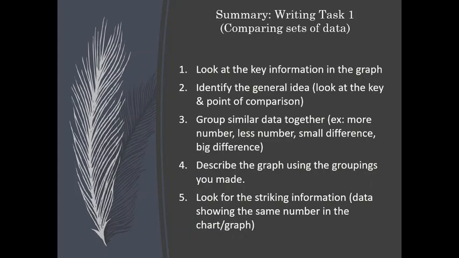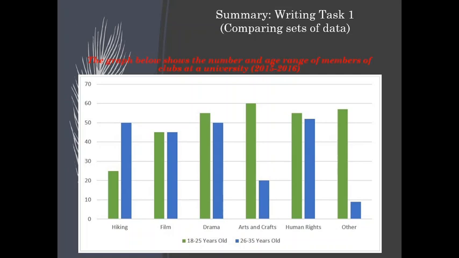All right, so for this summary of writing task one, these are the things that you have to know and you have to do before you start writing. So the first thing is look at the key information in the graph. All right, so here's a sample graph. What key information can you find in this graph? All right, so first take a look at the title.